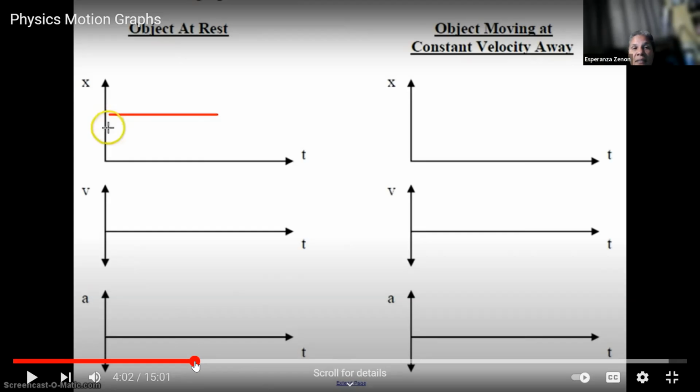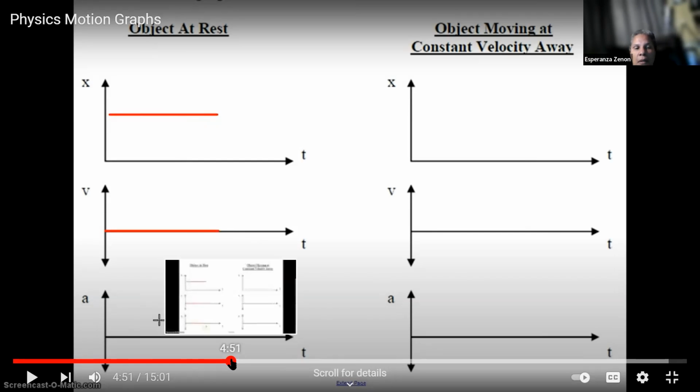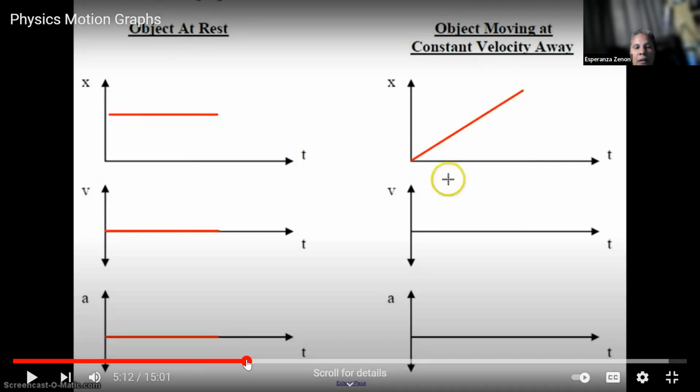But at rest just means the position is fixed. And that translates into position fixed, no velocity, no acceleration. Okay. And then let's take it to another level.